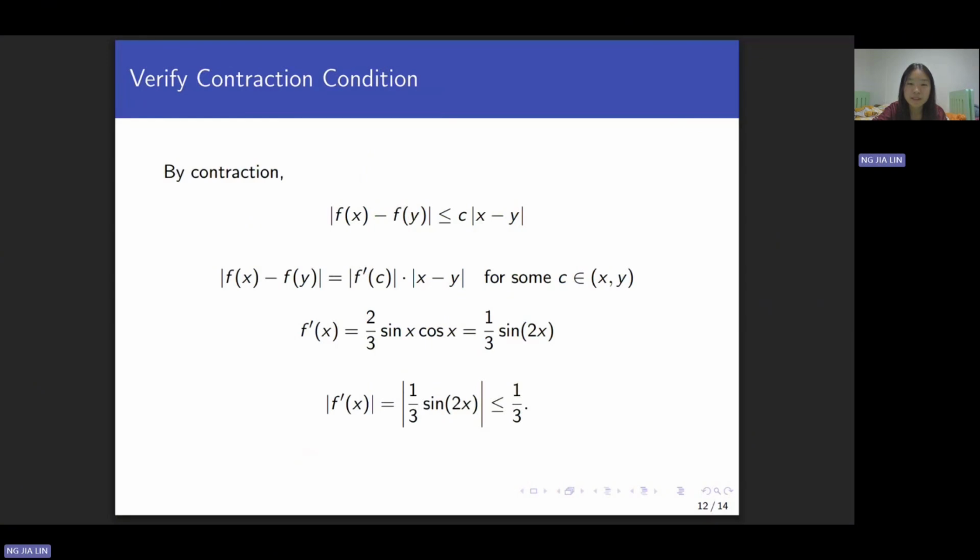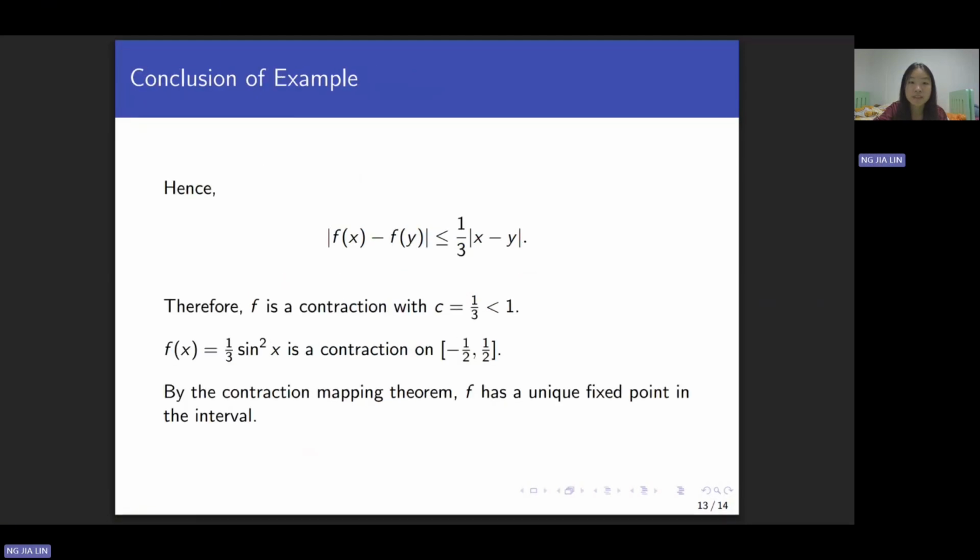And for the absolute value, since we know that the sine function is between -1 and 1, and we apply the absolute value, the sine function will be between 0 and 1. Then we can obtain that the absolute value of f prime x is less than or equal to 1/3.